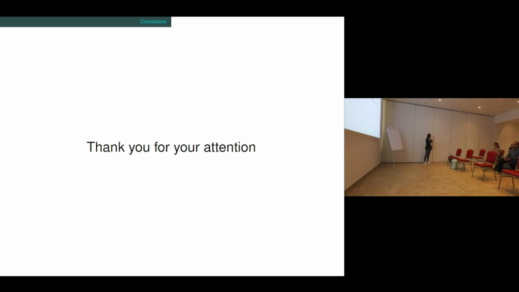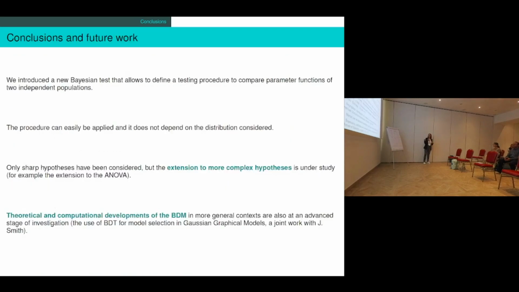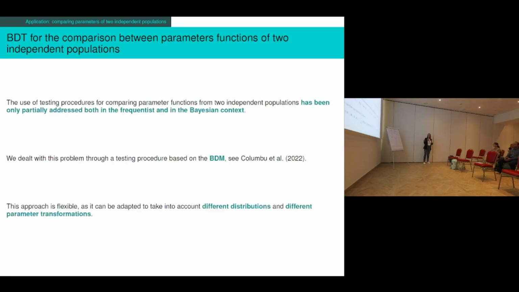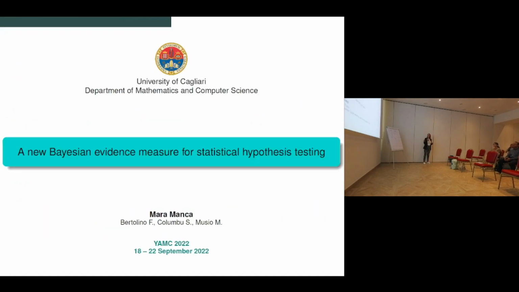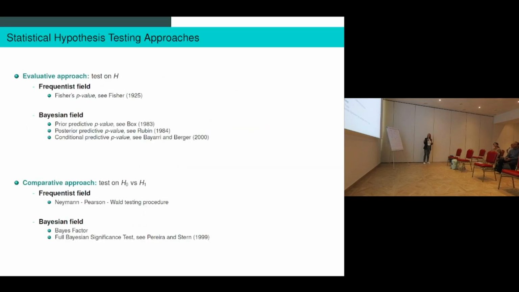Okay, I understood. There are some attempts in the Bayesian field. But for example, the conditional predictive p-value, the first two had some problems in a philosophical way, since they use the data twice in the definition.